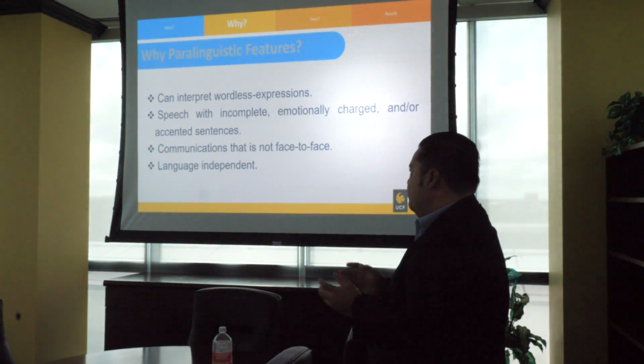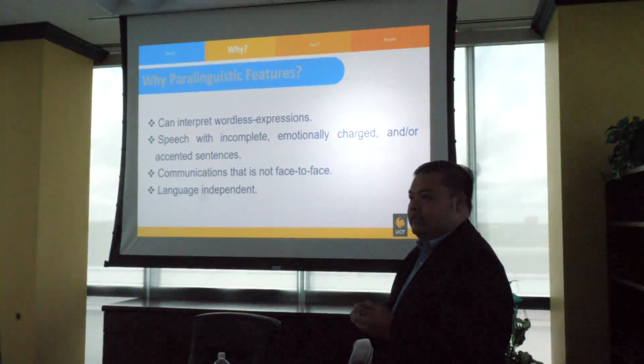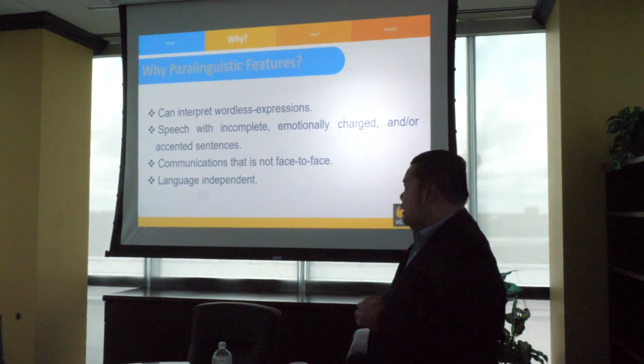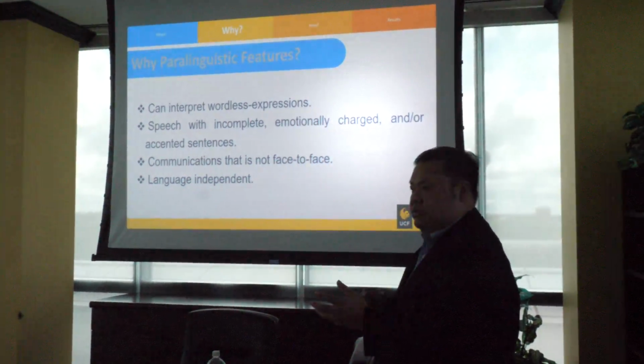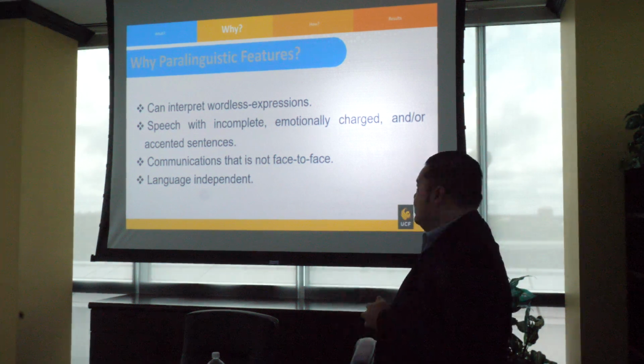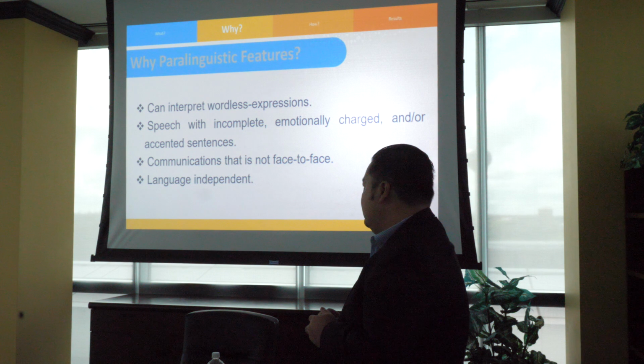And sometimes when it's accented or with emotionally charged expressions, it's hard for us to understand the words' semantic meanings. A lot of times we also communicate over the phone, which loses the visual modality. So with paralinguistic features recognition, we'll be able to recognize someone's emotions without the visual modality.